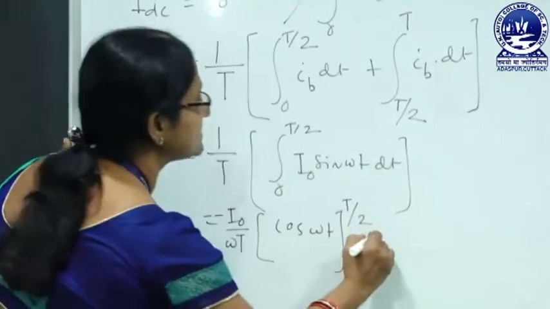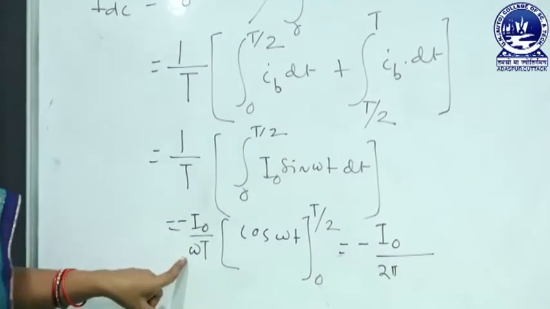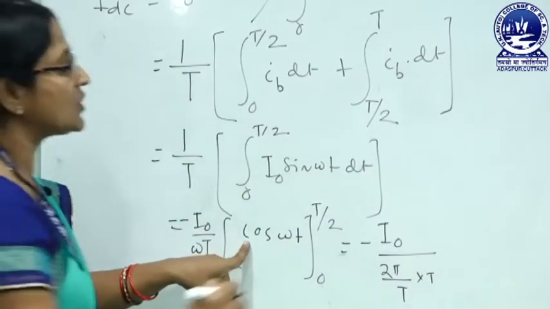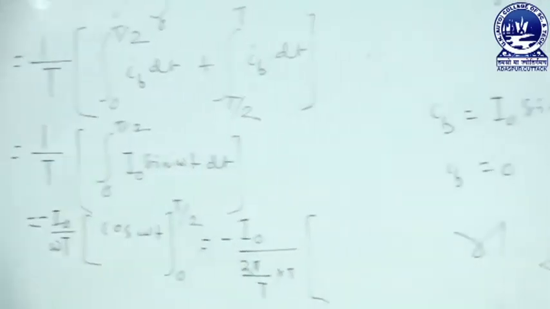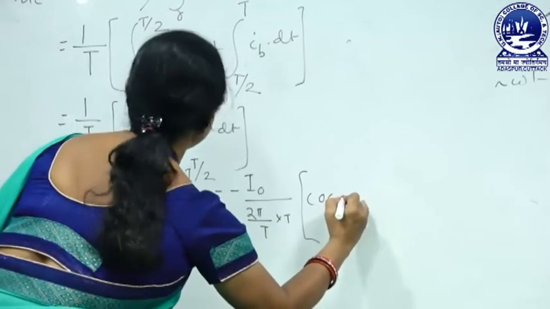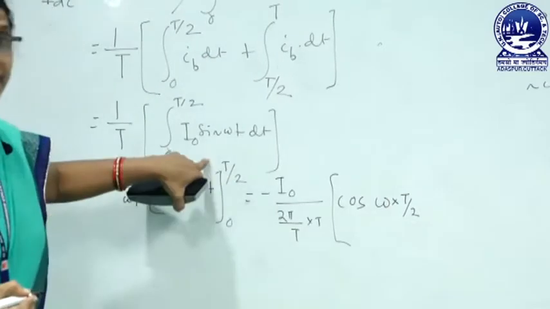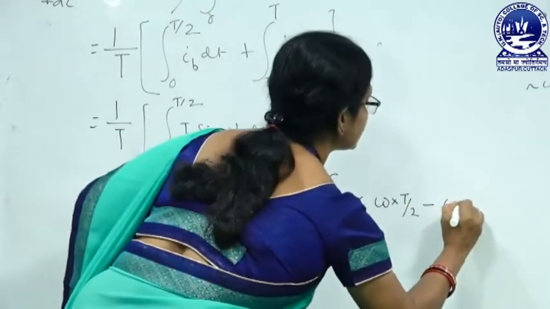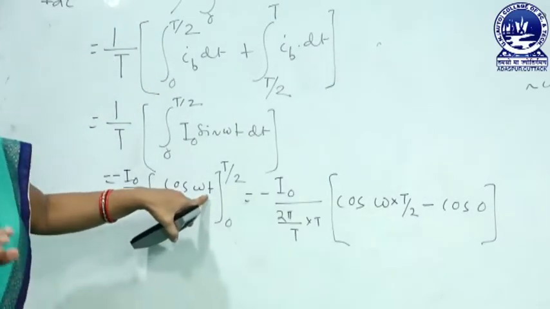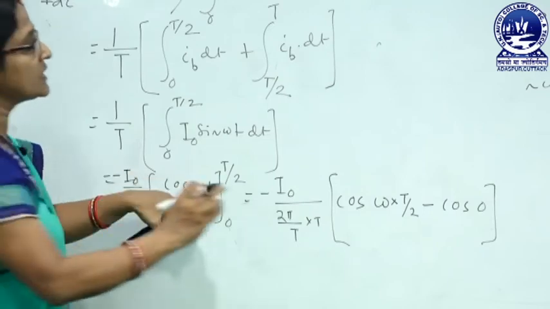Then after solving this, we found I naught, and omega we know is 2 pi by T, into T. Then cos omega t, so omega into T by 2 is the upper limit, minus cos 0, because instead of T we put 0 multiplied with omega, which equals 0, so cos 0.